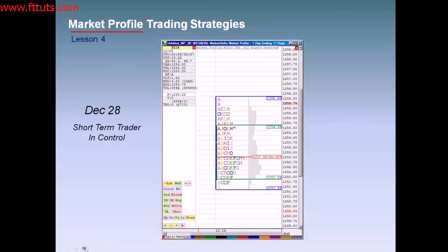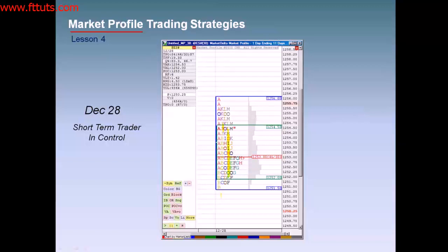If you look at the profile before you for December 28th for the ES Mini, after the fact, it's really very easy to see that the short-term trader was in control. First of all, look at how limited the value area is. It's not a very large range. It's a very small value area.